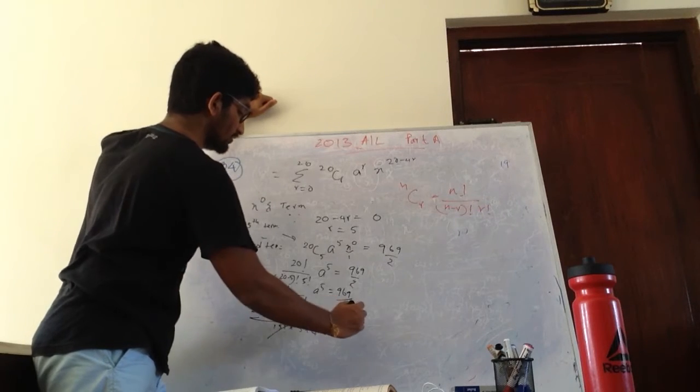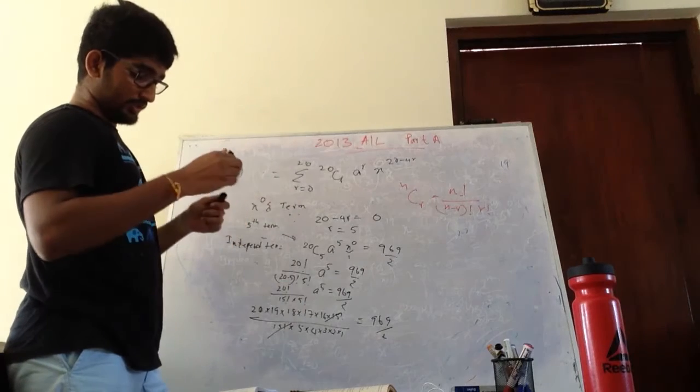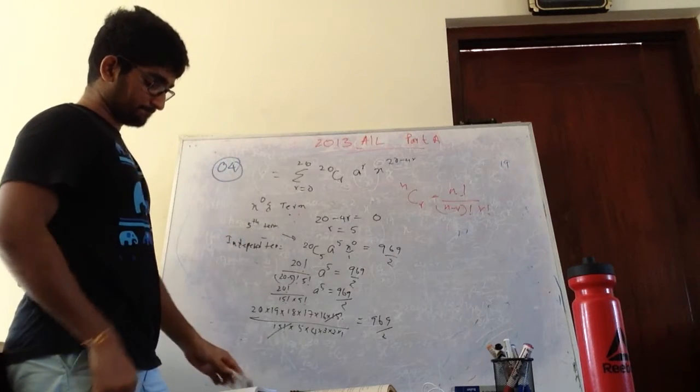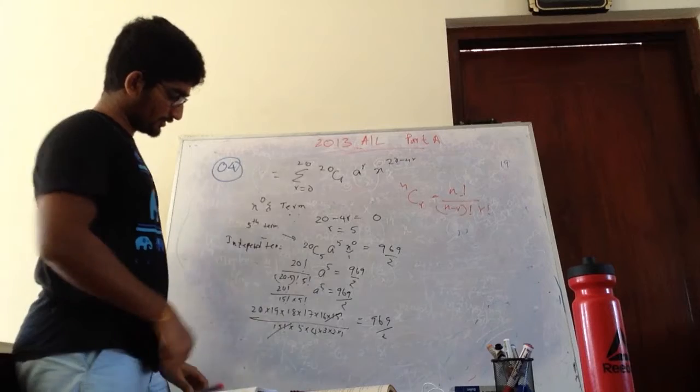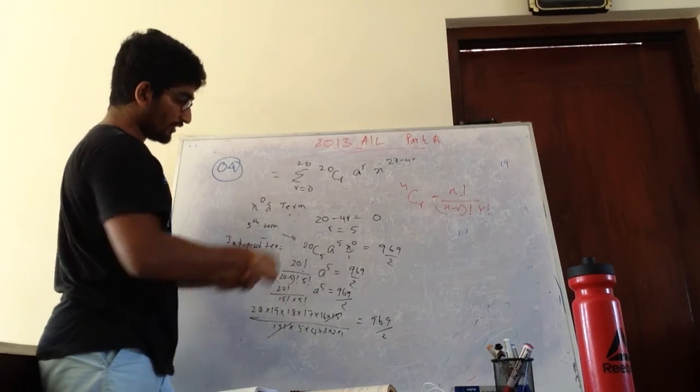So we have to again cancel off. 969 over 2. Then what? So 19 times 51 is this.